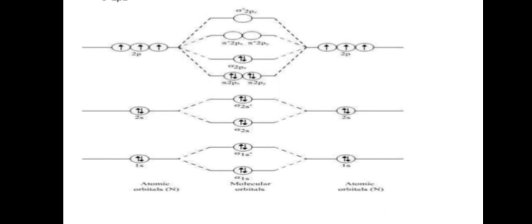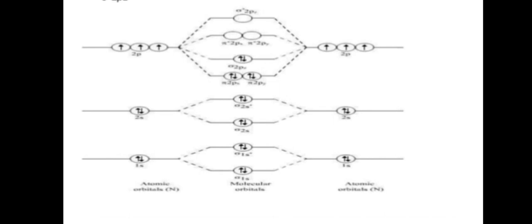So among those orbitals, sigma 2s, pi 2px and pi 2py, as well as sigma 2pz also, these 4 molecular orbitals. So let us say once again, sigma 2s, pi 2px, pi 2py, and sigma 2pz molecular orbitals are called bonding molecular orbitals with pair of electrons.